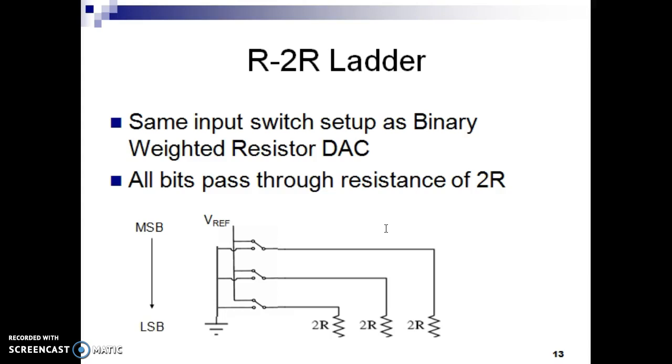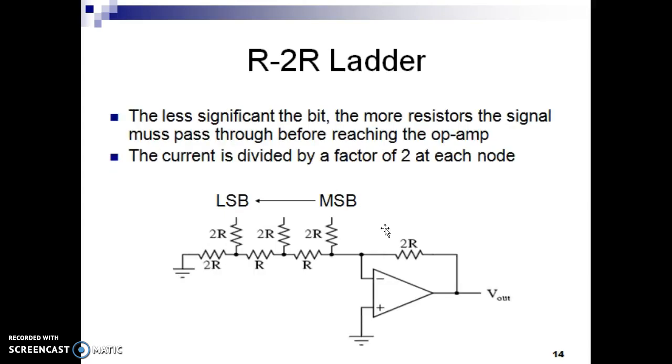in designing a digital to analog converter. The less significant the bit, the more resistors the signal must pass through before reaching the op-amp. It requires passing through all these resistors.